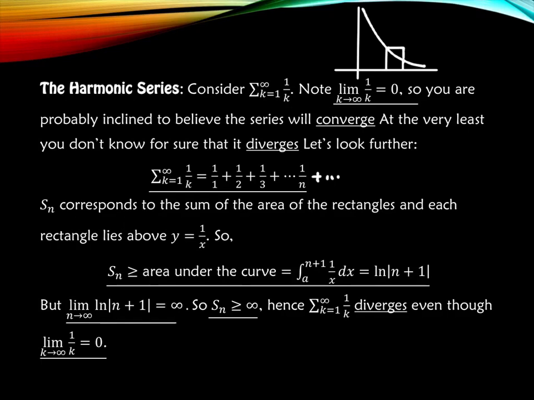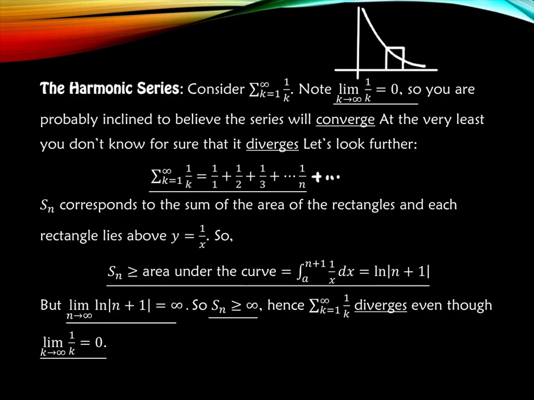The area under the curve is the integral, greater than or equal to the integral from 1 to n plus 1 of 1 over x dx, which equals the natural log of n plus 1. As n goes to infinity, this natural log itself will have a limit that's infinite. So my partial sums, s sub n, is greater than or equal to infinity. Hence, the summation from k equal 1 to infinity of 1 over k diverges, even though the limit of k to infinity of 1 over k is 0.